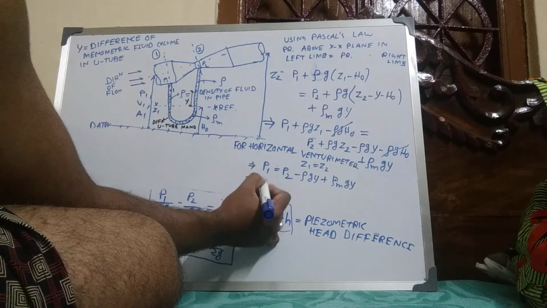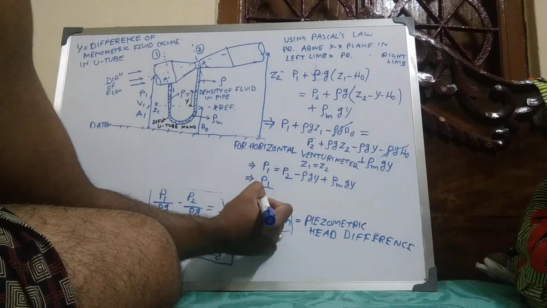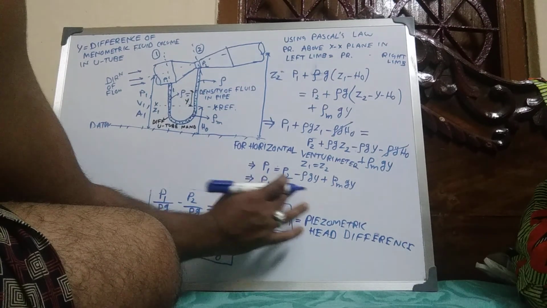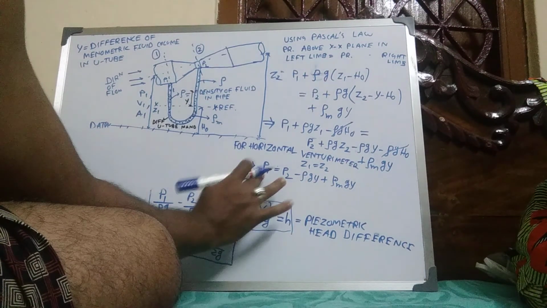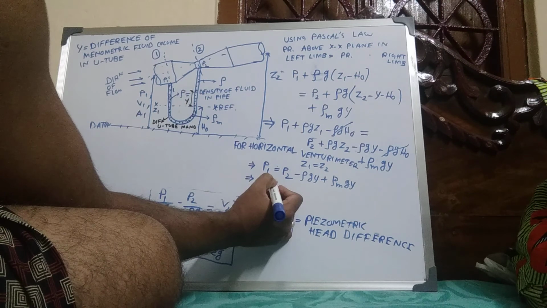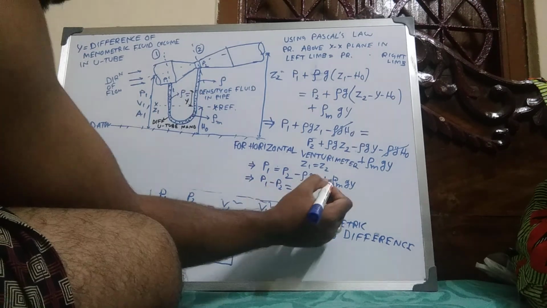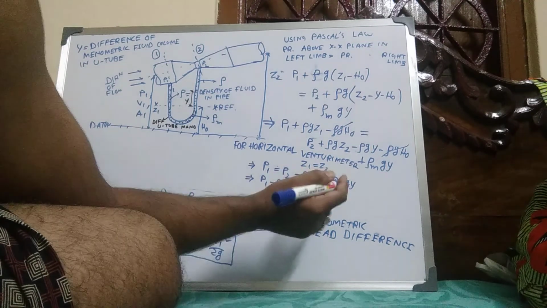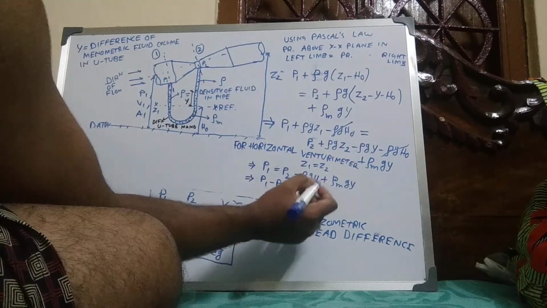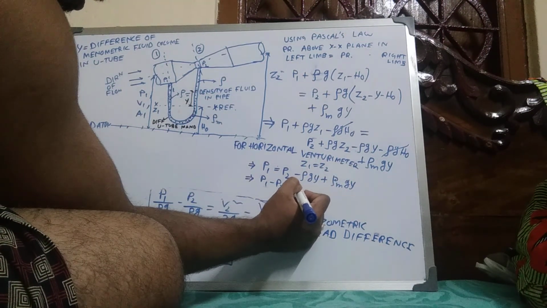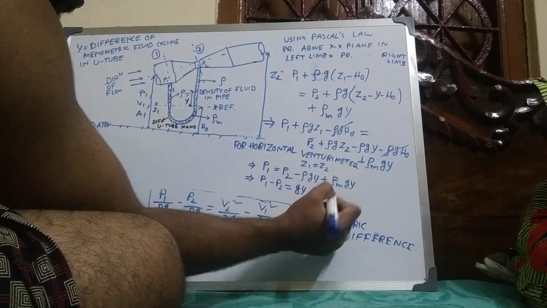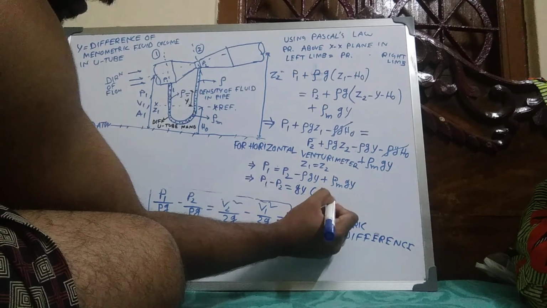So p1 minus p2 equal to this. p1 minus p2, g and y common, and rho m minus rho.